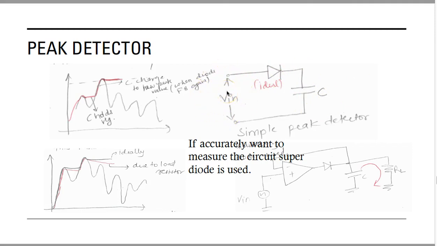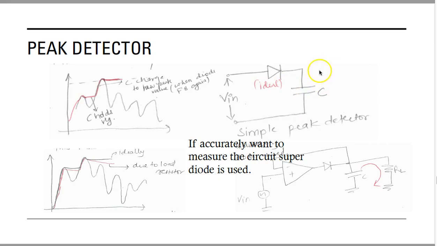And after the peak value, when Vin starts reducing, at some point this diode will go into the reverse bias condition.